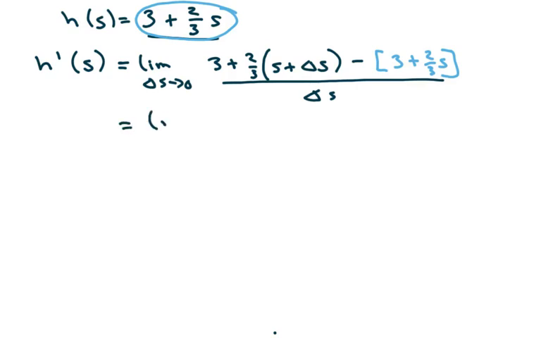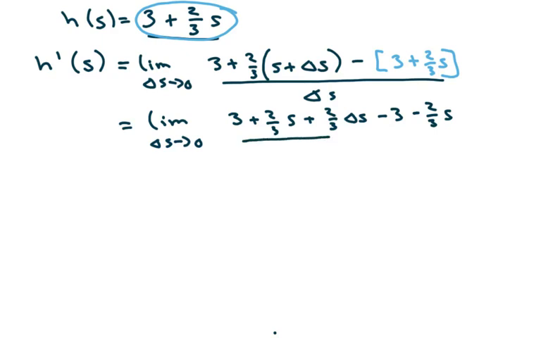Okay, now just clean this up. So you get 3 plus 2/3 s plus 2/3 delta s minus 3 minus 2/3 s all over delta s. Now I'm going to clean this up. Everything should cancel that doesn't have a delta s in it, and if you can't do that, then it means you did something wrong.